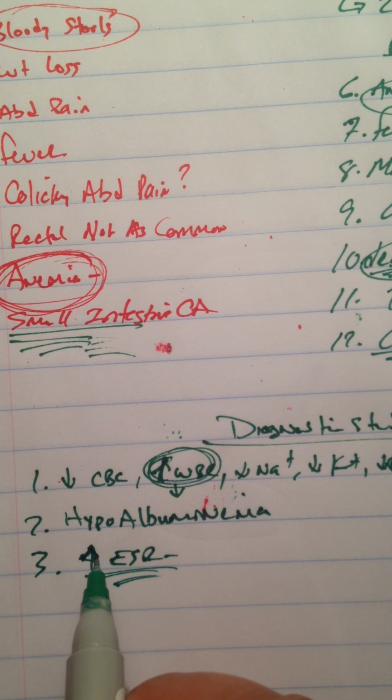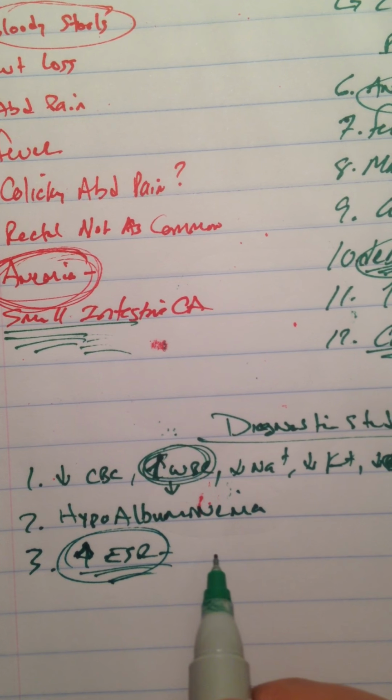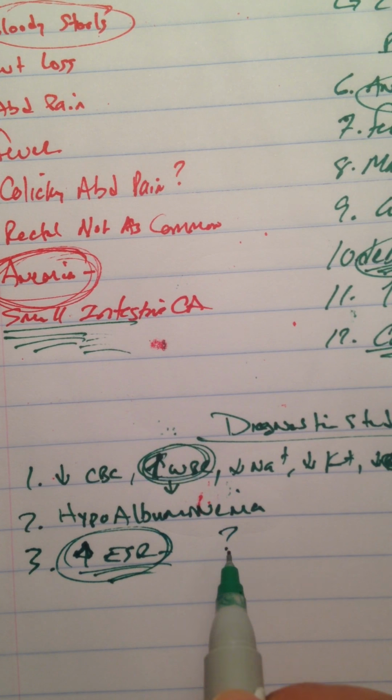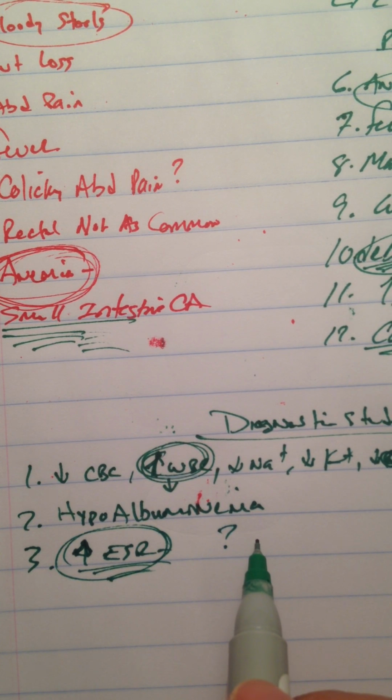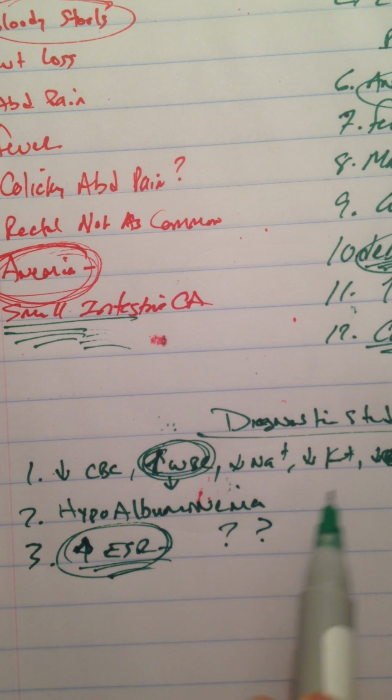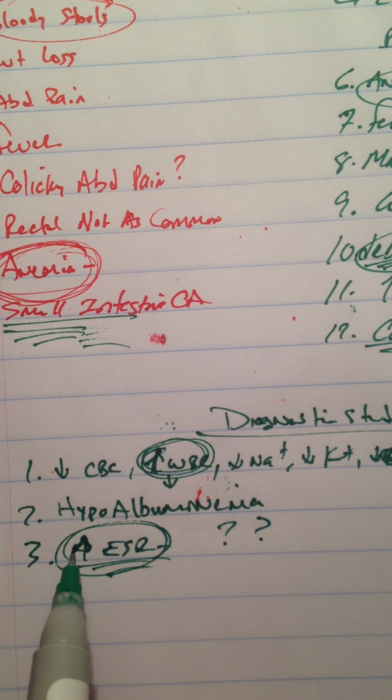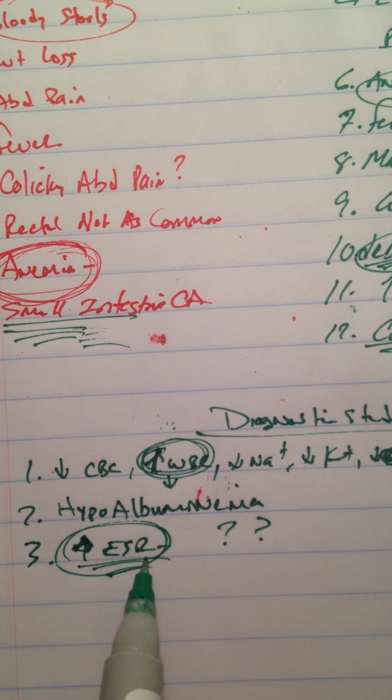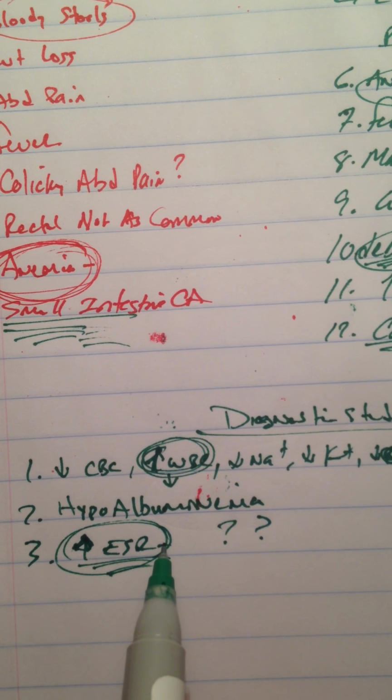Now this will also be elevated in something else like arthritis. But which type of arthritis? If you don't remember, refer back to that lecture because I guarantee you'll see that on the NCLEX. But here your ESR levels will be elevated, and that is an indication of chronic inflammation.